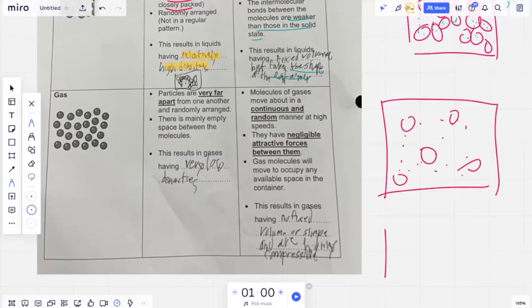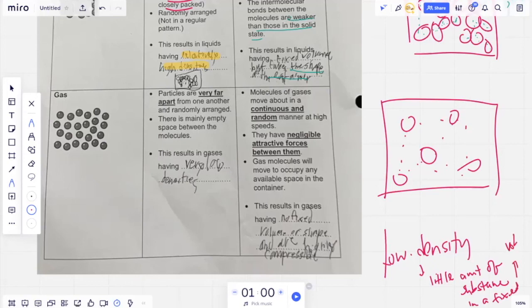Remember just now when I said density, low density means very few particles inside the fixed volume, a little amount of substance in a fixed volume. This is exactly how the particles are arranged in a gas. There are not many of them in a fixed volume.